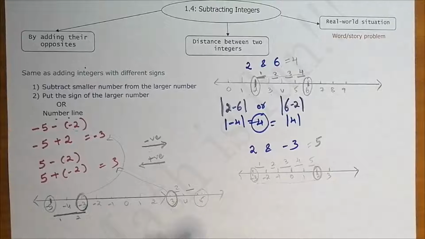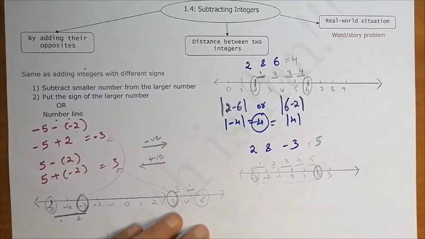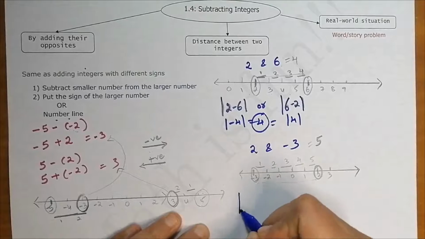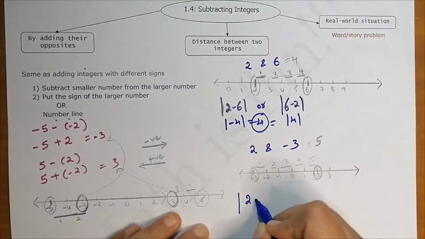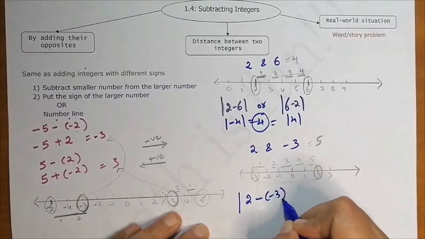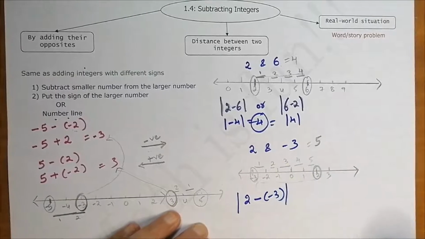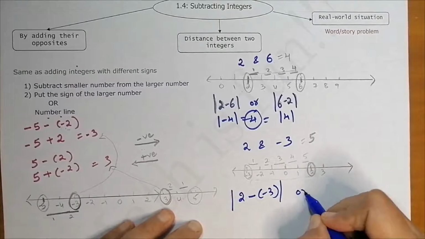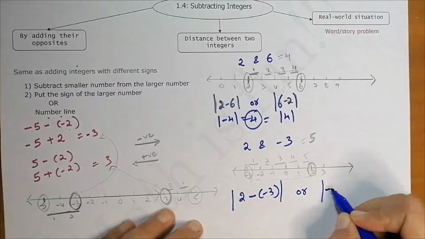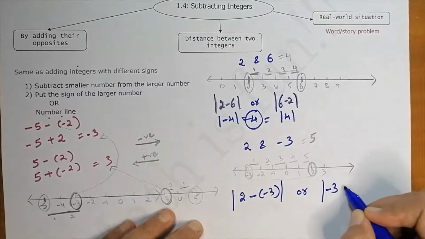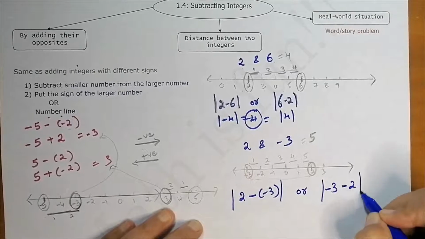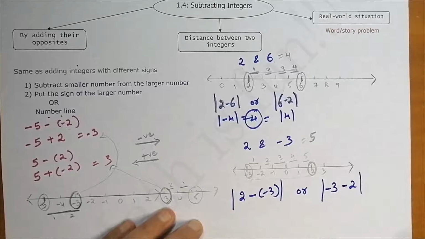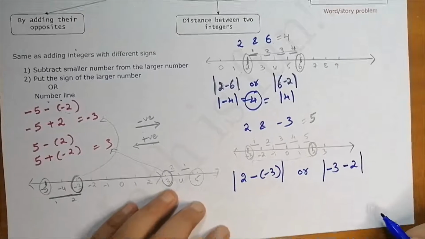So let's see how we do it using absolute value format. When it's absolute value, it's like 2 minus minus 3, right? You're finding the distance. So this is how you write it. Or you write this minus 3 as it is, and you're subtracting, and this is 2, right? So this is how you write it in absolute value format.